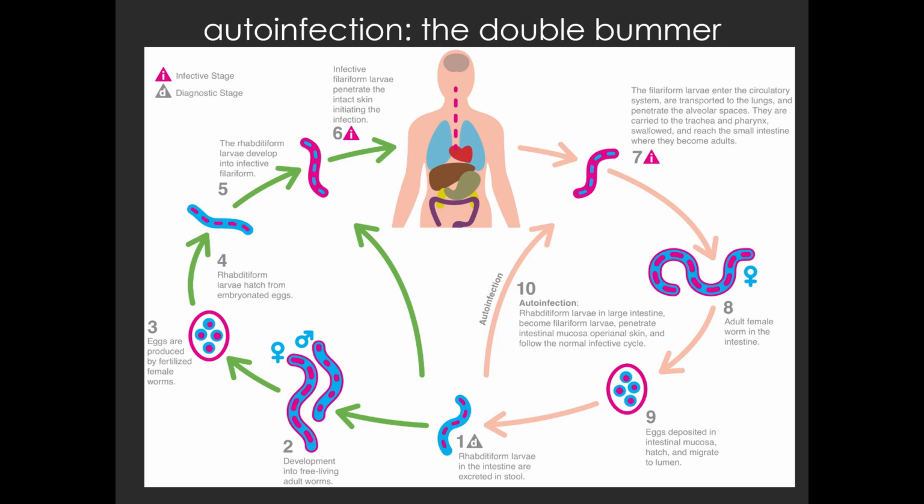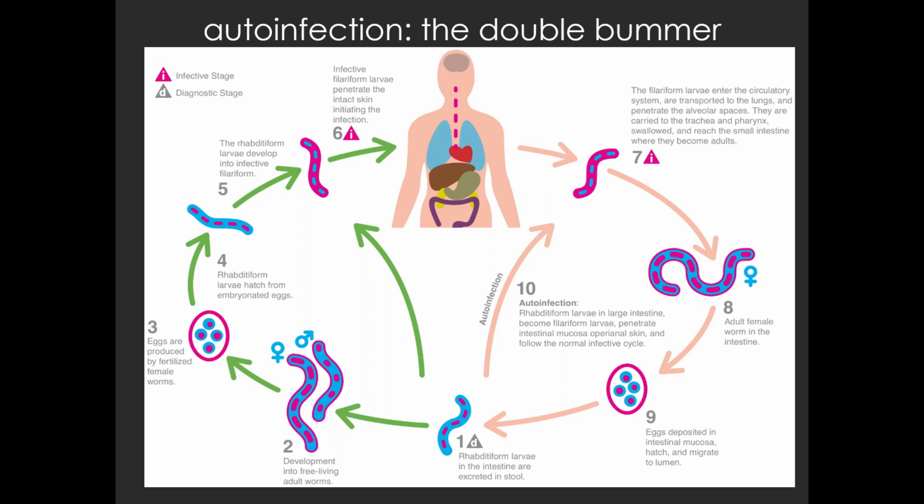He then moves to the small intestine where he becomes an adult. Adult female worms in the intestine release eggs. Eggs are hatched, migrate to the lumen of the intestine, and then are excreted from the intestine into the environment. So here's the double bummer.